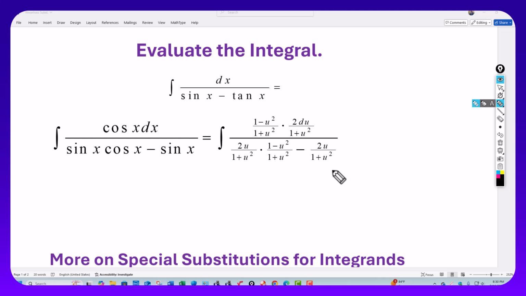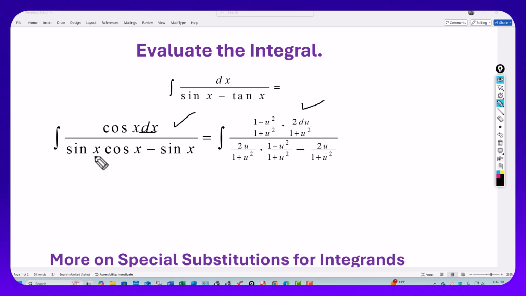And then in the second step, first multiplied by cosine of x, we got this numerator and denominator. Now I'm just plugging in what we got for cosine of x: 1 minus u squared over 1 plus u squared. And then the dx, that was 2 du over 1 plus u squared.